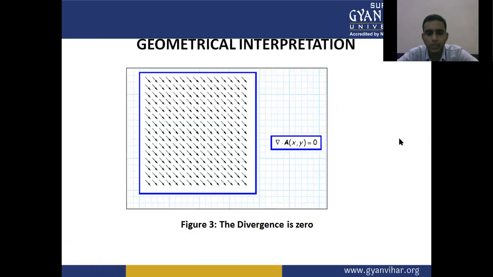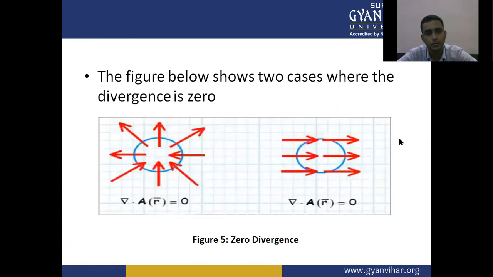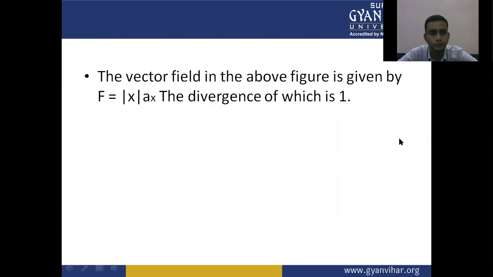Through this, we are able to understand where the divergence is 0 and where it is positive as well as negative. Through these figures, we understand the concept and interpretation of divergence. The vector field in the above figure is given by f equals mod x a_x, the divergence of which is 1.